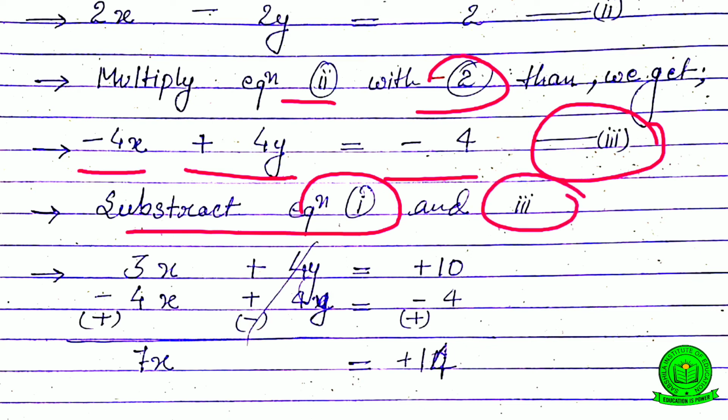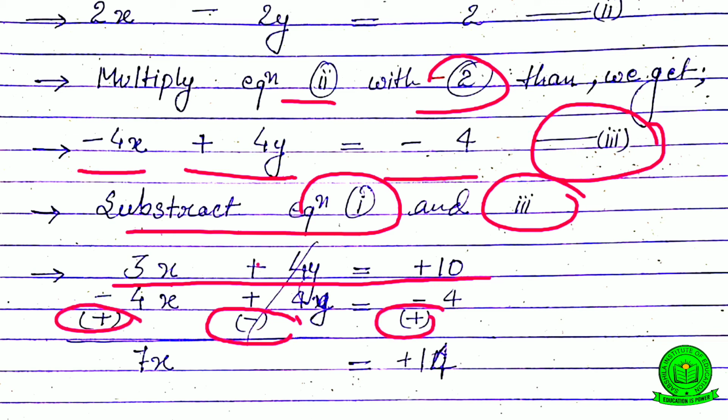Just put here equation number 1 and equation number 3. If you subtract, you will get 3x plus 4y is equal to 10, minus of minus 4x plus 4y is equal to minus 4. So we have to change the sign. Here minus will come, here plus will come, and here also plus will come.